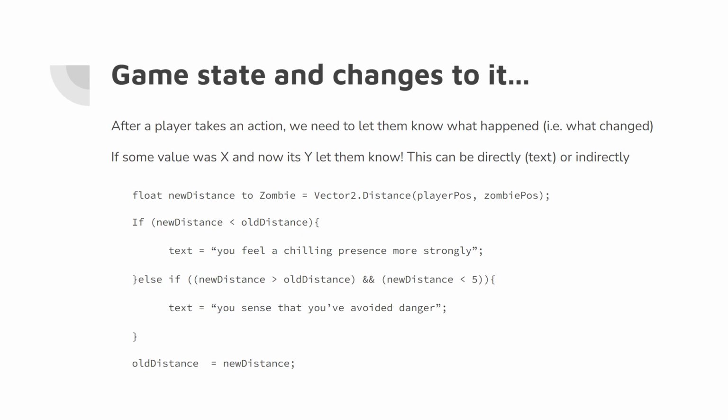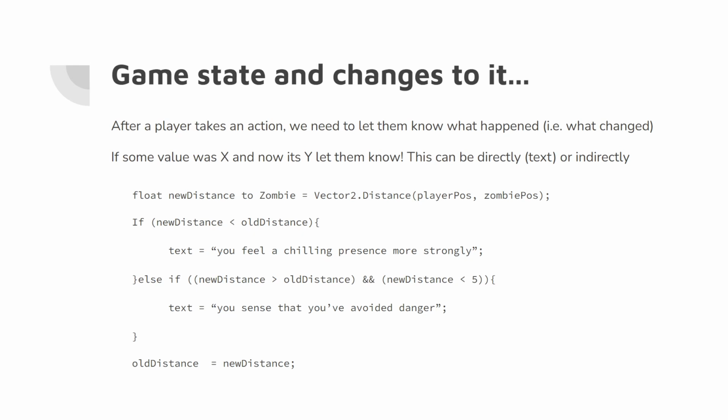This time around, this is what the distance is. The distance has decreased. The new distance is less than the old distance, so therefore, I need somehow, and this is just a shortcut here, imagine somewhere on the screen there's a text box, and I say, well, I better put in that text box that you feel a chilling presence more strongly. Right? Or maybe I turn the text blue and say that.